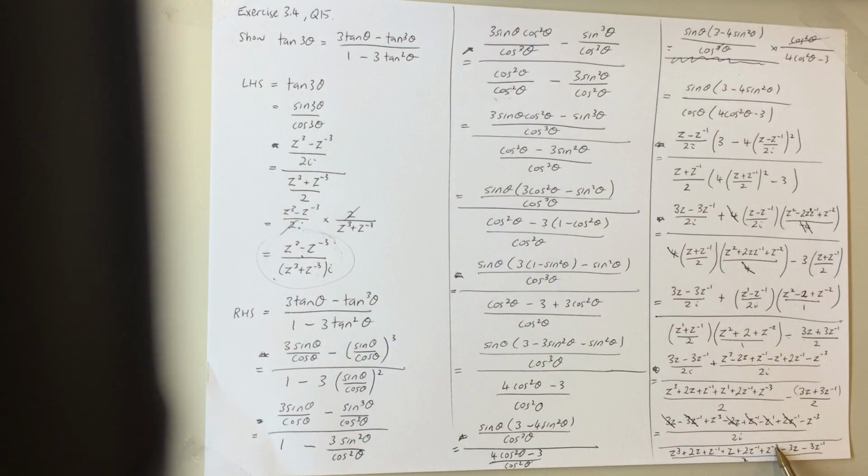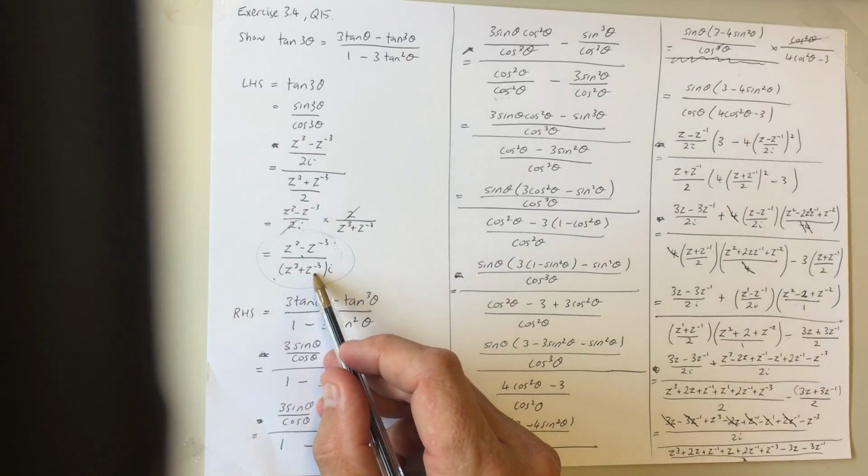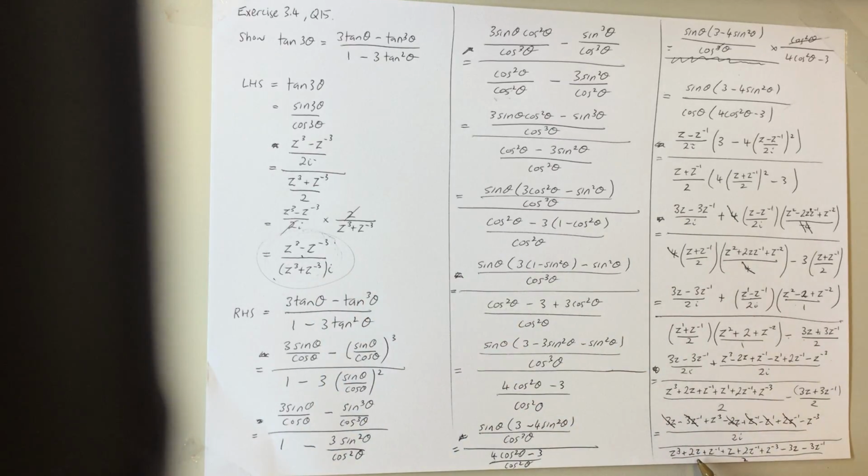Likewise, z to the power of negative 3, that's not going to cancel out, which is good because we want that. All right, so hopefully these z's cancel out. 2z plus z is 3z, subtract 3z. All right, next one, z to the power of negative 1 plus 2 of them, so we've got 3 of them, and then we're subtracting 3 of them. All right, good. That's leaving us with what we want. Okay, so these 2's will cancel out, and we're going to have what we wanted.